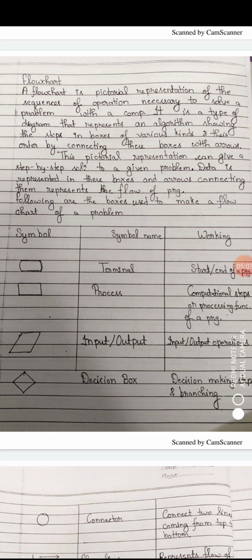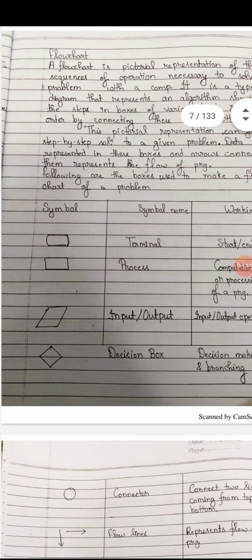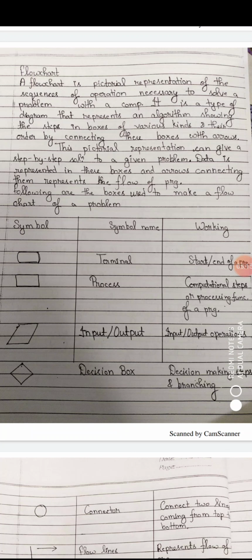Sometimes we need to follow decisions. If this condition is true, then we'll go to this step. If the condition is false, then we will go to that step. In that particular case, we will draw a decision box.